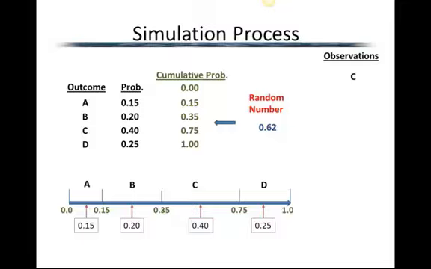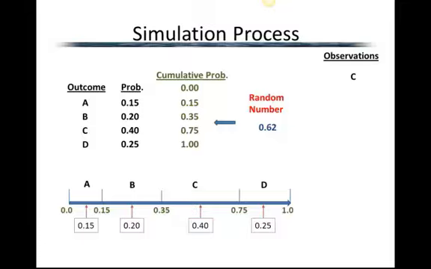That random number is going to fall somewhere on this number line between 0 and 1. And if it's truly random, which we will take the Excel random number generator to be, then each time we generate a new random number, it's going to find a new, randomly determined spot on this number line, but in a proportion that is determined by the probabilities of each of the outcomes.